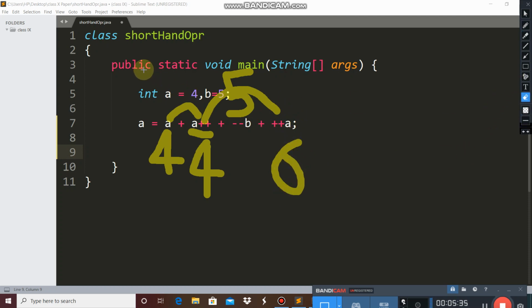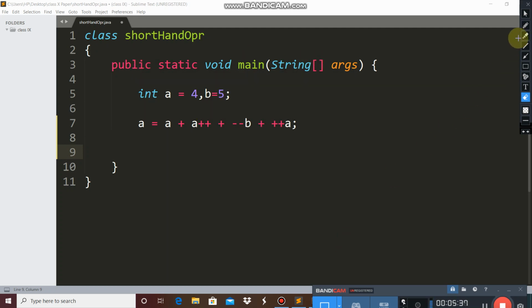So the expression was like this: it was 4 when used, then it became 5, and before its next usage it became 6.